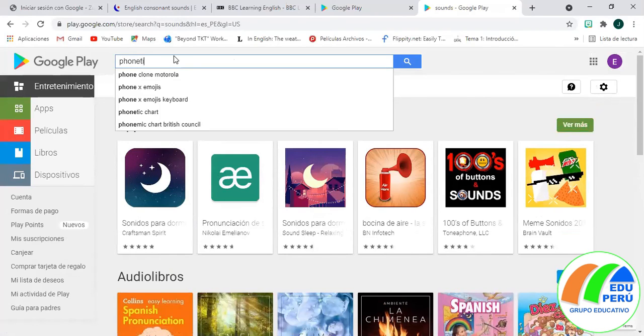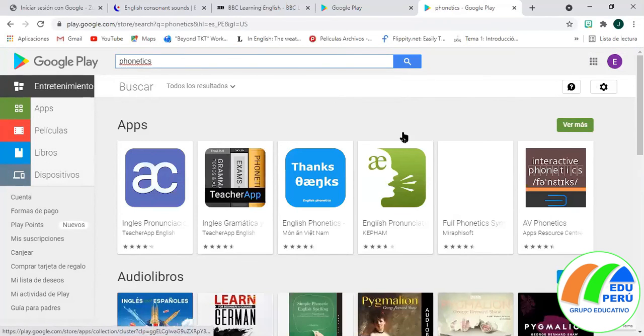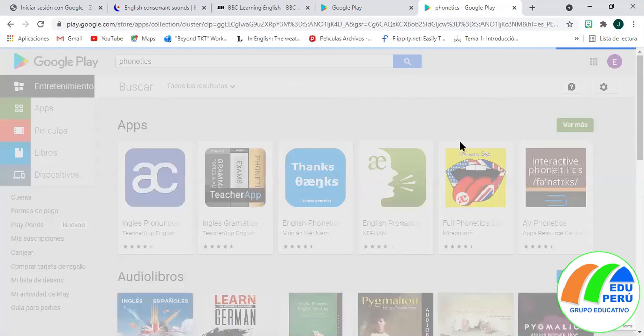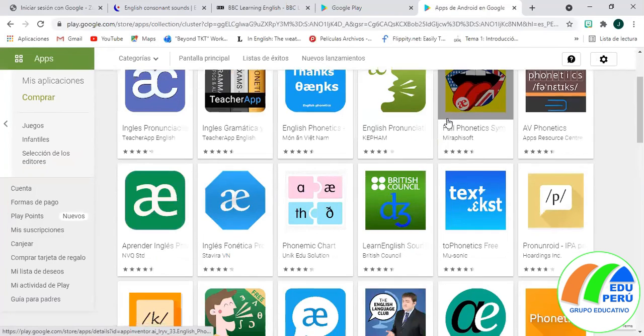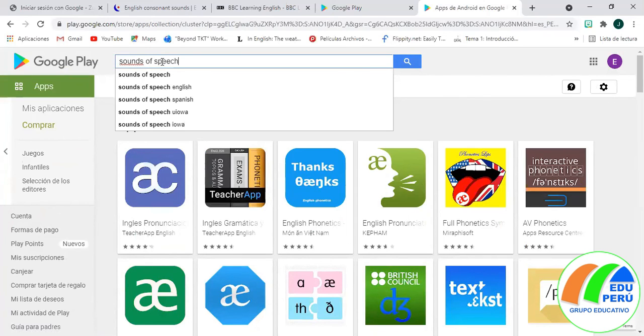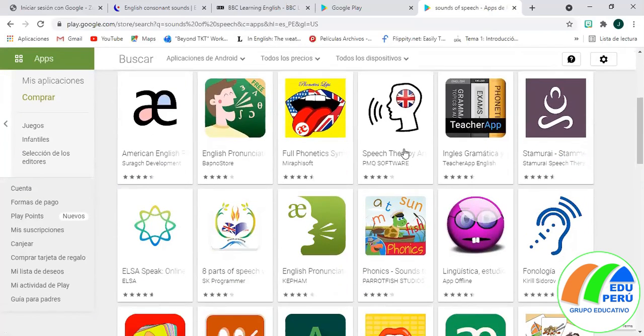This is not what I wanted to show you. If you can see, you have a lot. Sounds of speech. You can try some of them. Some of them are free, some of them you need to pay for, so you can look up which is paid and which is free.